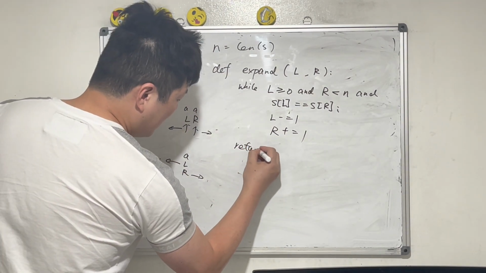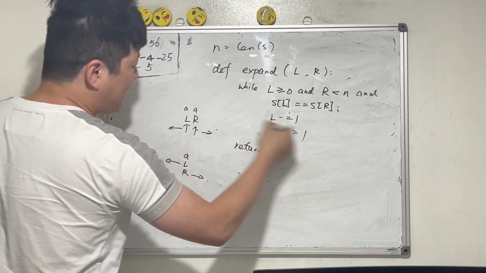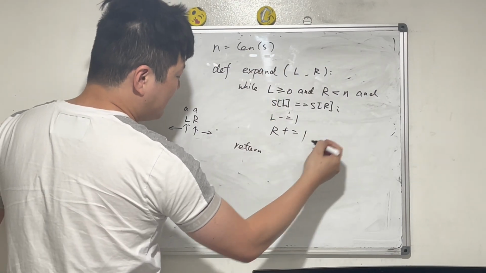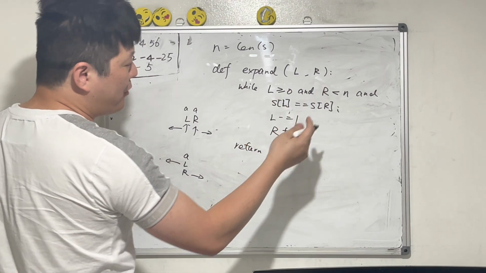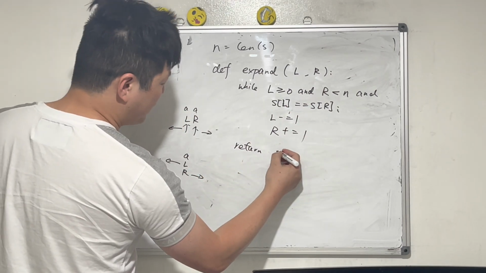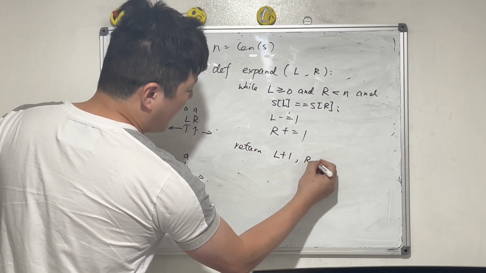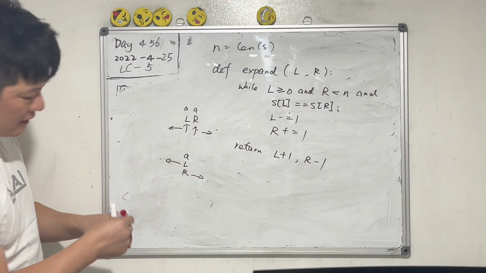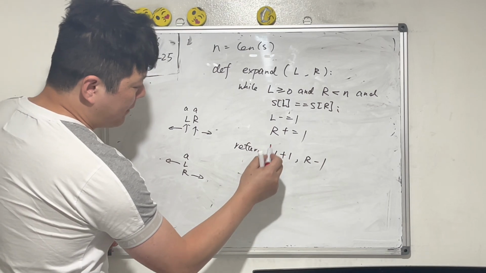We want to return because when the loop terminates, the L and R point to an invalid position. So we need to return the previous state, which is L plus 1 and R minus 1, right? Let me repeat it.